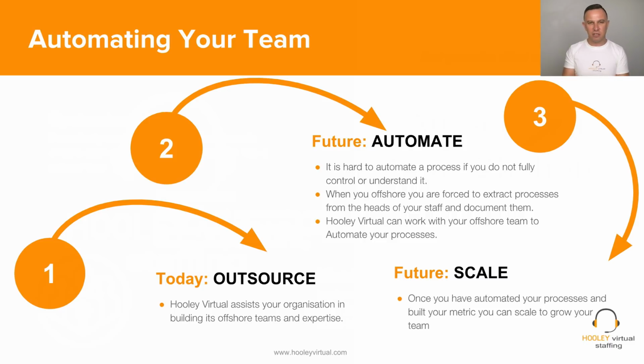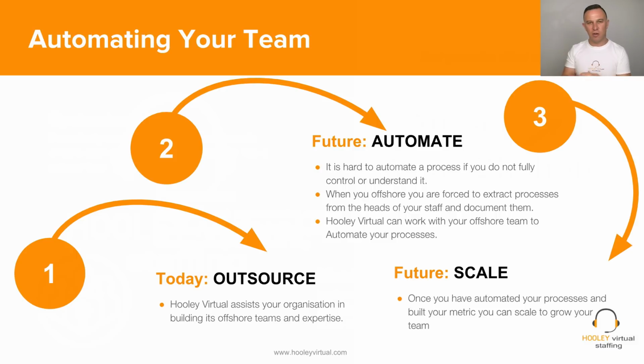I've come across businesses in the past that have had 4 or 5 VAs in their business, and what they found is it created inefficiency because they didn't get those 3 steps nailed down. They didn't relieve any pressure from their existing team because the existing team were trying to micromanage the offshore team, and there was really no efficiency in it.